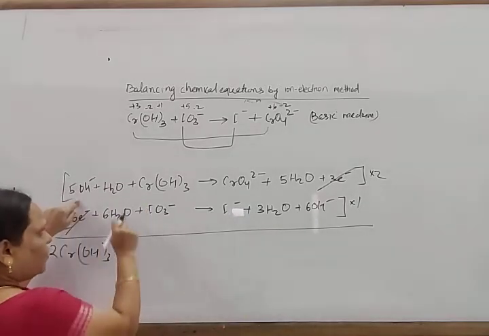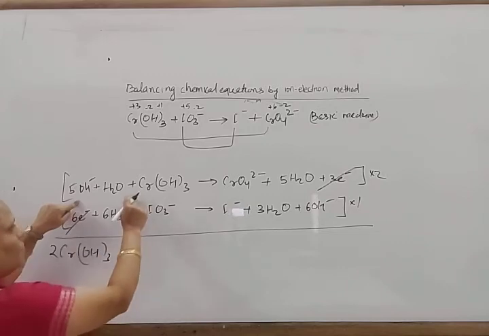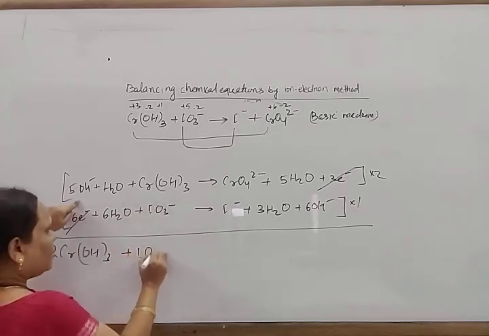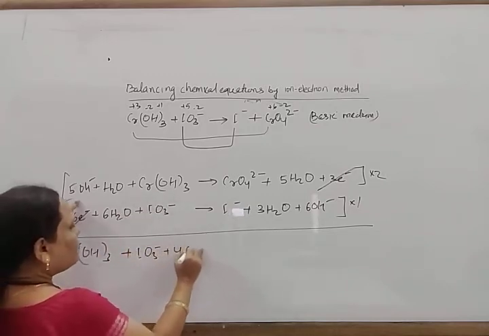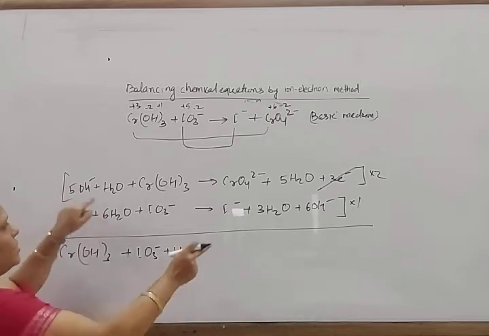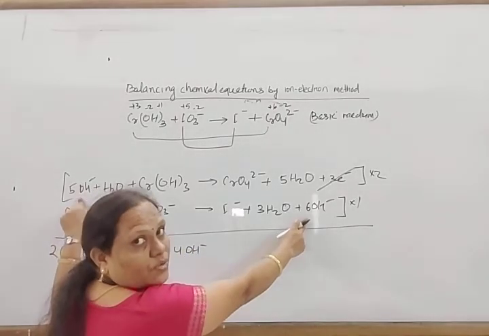In this way, first write down all the reactants. Chromium hydroxide plus IO3 minus plus 4 OH minus. Because here 10 OH minus and here 6 OH minus.